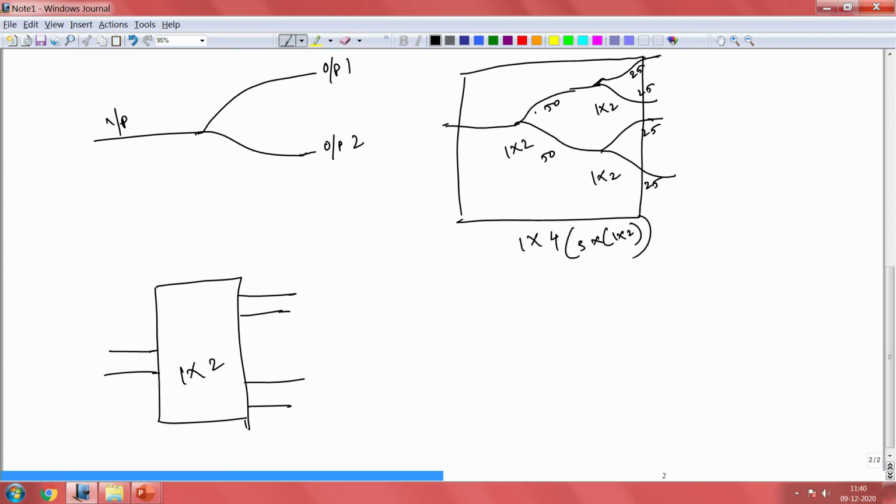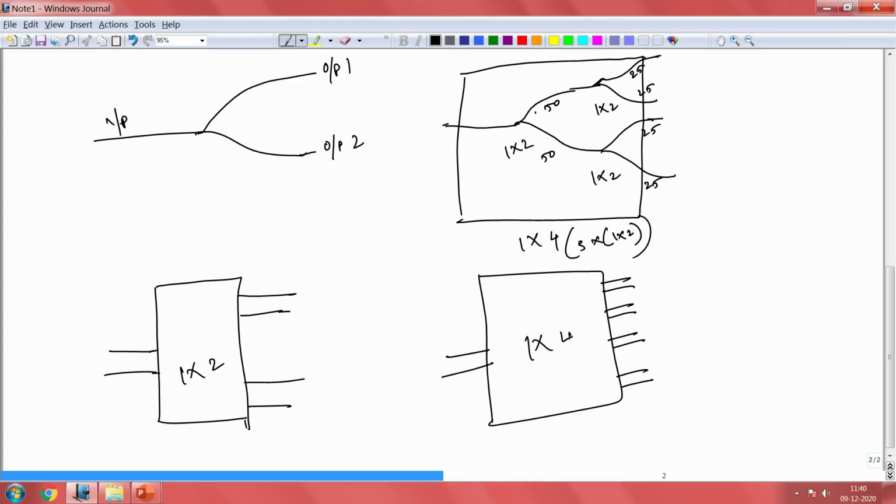What you can do is make 1 by 4 directly. Of course, the length and width between the 1 by 2 and 1 by 4 are going to be slightly different.